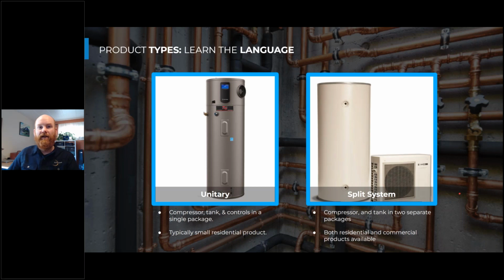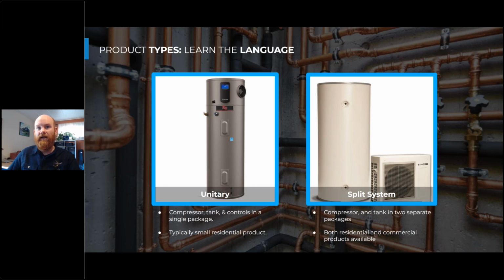And that brings up another point, which is sizing of these pieces of equipment. Typically, the unitary products are more applicable, more sized for a residential single-family home application. And the split systems do come in residentially sized, single-family home applications, but they also are the primary type in the larger commercial product range.